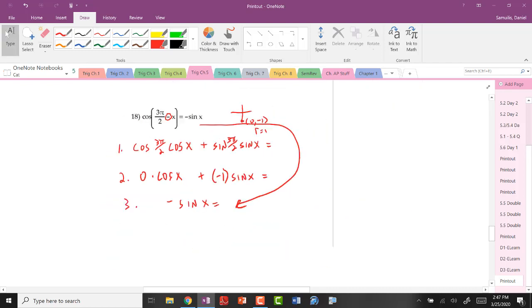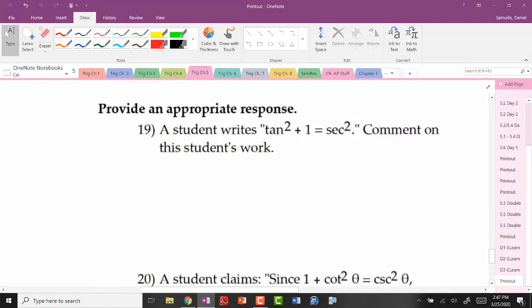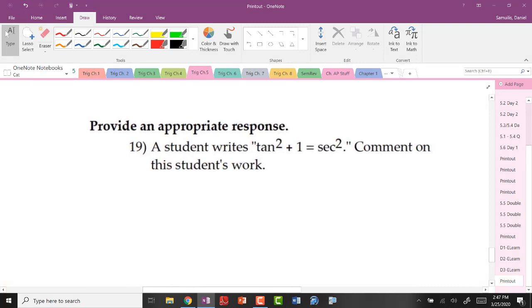Okay, good. And then I always love these last ones. This used to be on a quiz. This would have been a quiz question if you guys were back. A student writes this: tangent squared plus 1 equals secant squared. Comment on this student's work. Well, here's my comment: it's bogus, and I can't stand it. This is lazy. This is what I get from students all the time. They don't write what's called an argument.